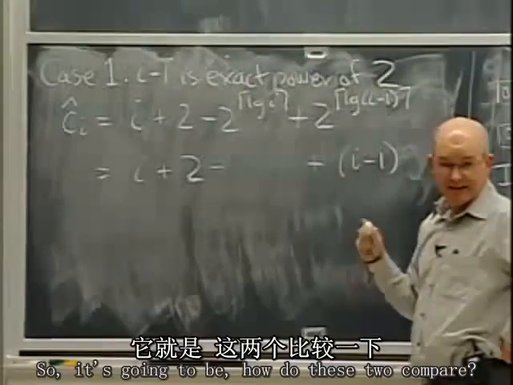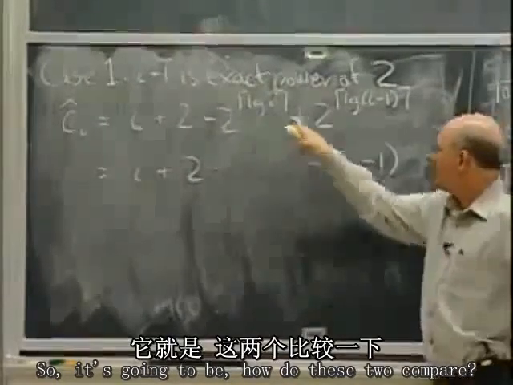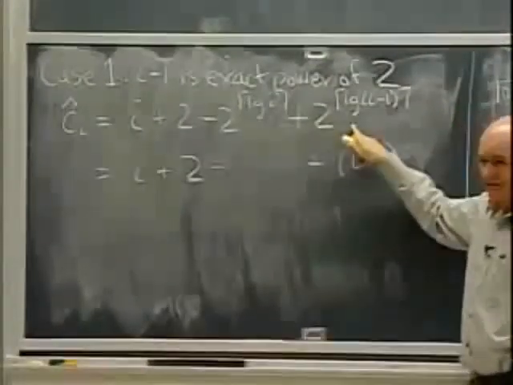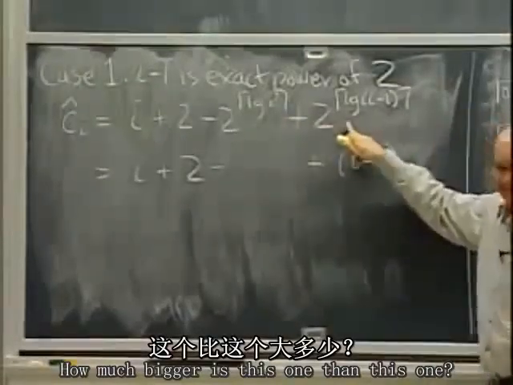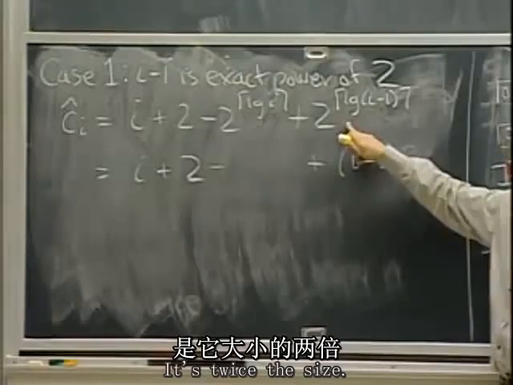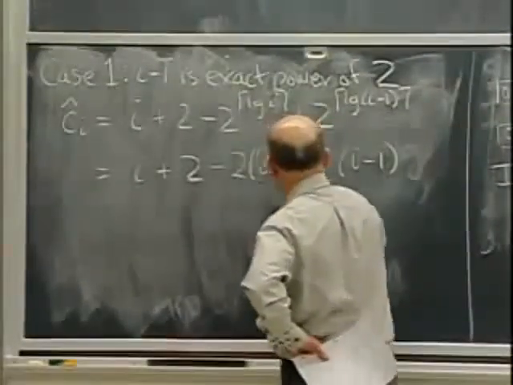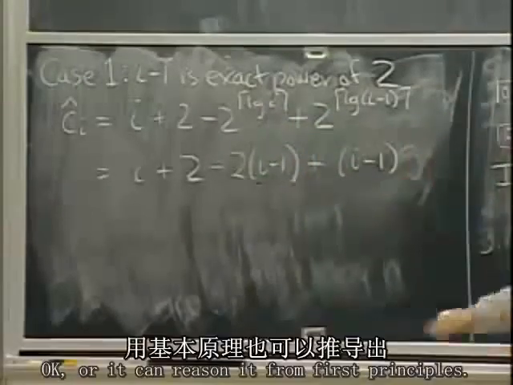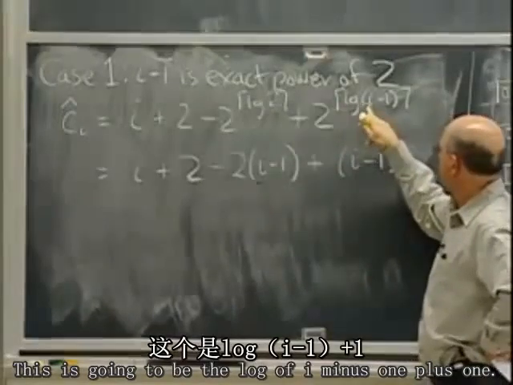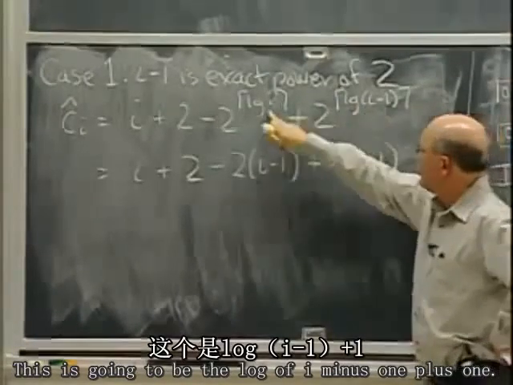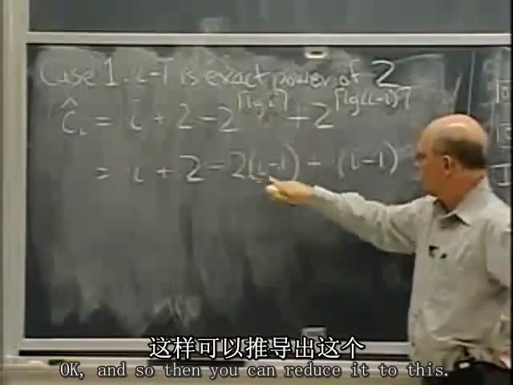So how do these two compare? How much bigger is this one than this one? It's twice the size. We know what this one is, or we can reason it from first principles. This is going to be the log of I minus 1 plus 1. And so then you can reduce it to this.